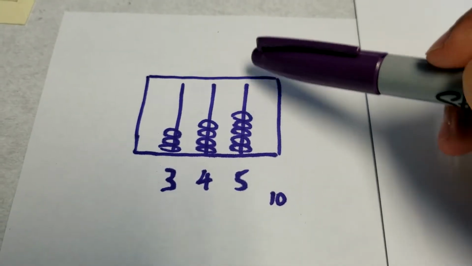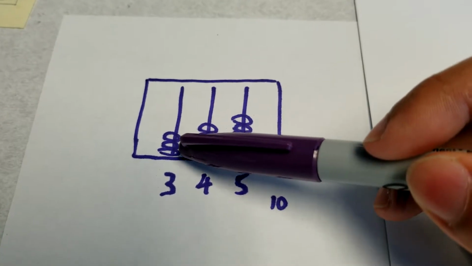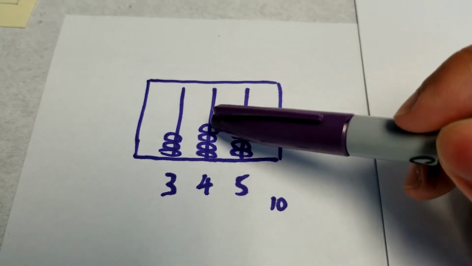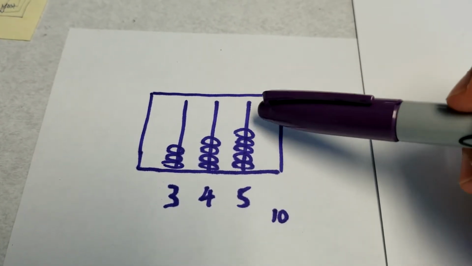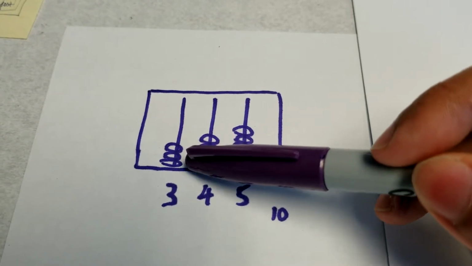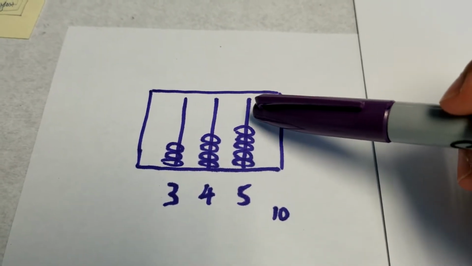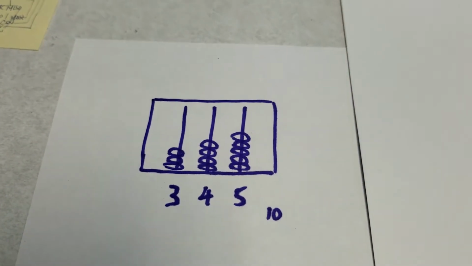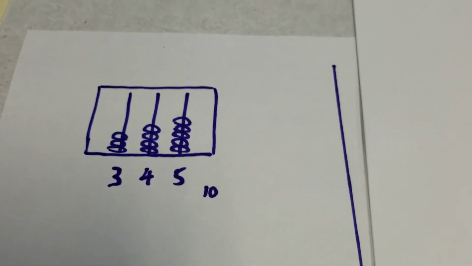So that means you'll have an extra 40 right here. This one, however, each one of these means 10 of these right here, or 100 of them right here. So that means 3 of these right here. If I shift it to the column on the far right, you'll have an extra 300 of this on this column. All right, now let's shift everything to the right, to the column on the far right.